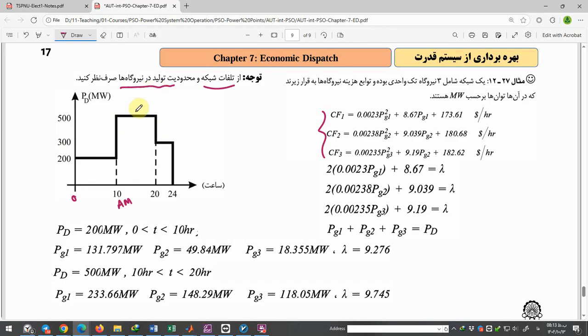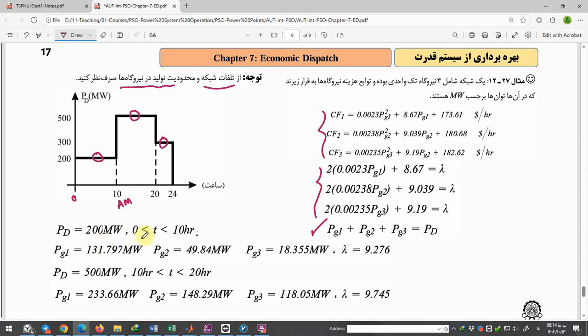Another period is 500 megawatt, and the 4 hours from 8 p.m. to midnight is 300 megawatt. For each period and each PD, you have to write its derivative equations and the active power balance like this. Please pay attention, we don't consider P loss in this exercise.